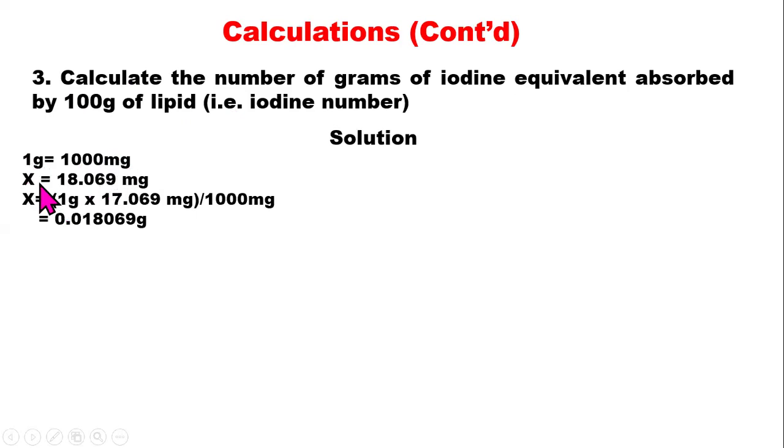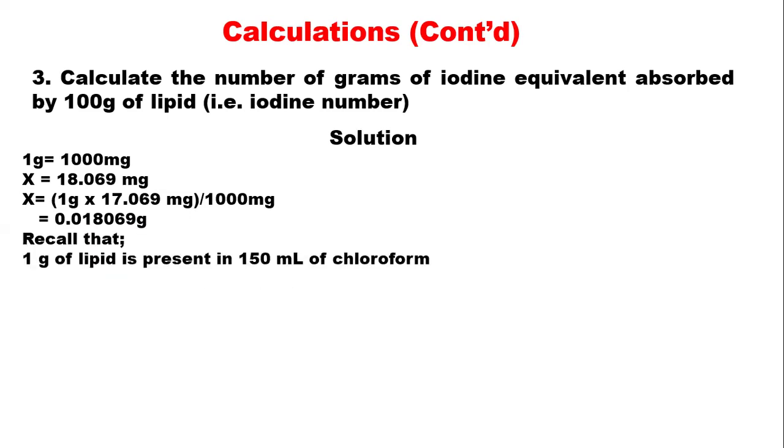So how many grams will be in 18.069 milligram, the value you calculated from the second question? Now, X will be equal to 0.018069 grams. So this is what we have.